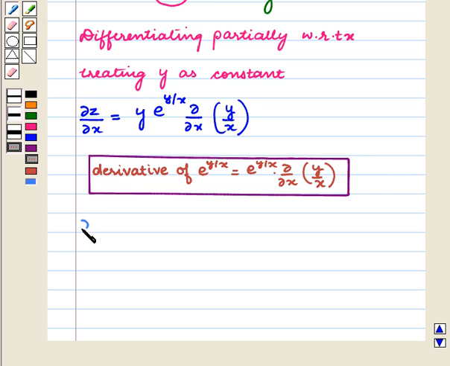So now del z by del x will be equal to y into e raised to power y by x into y into minus 1 by x square.